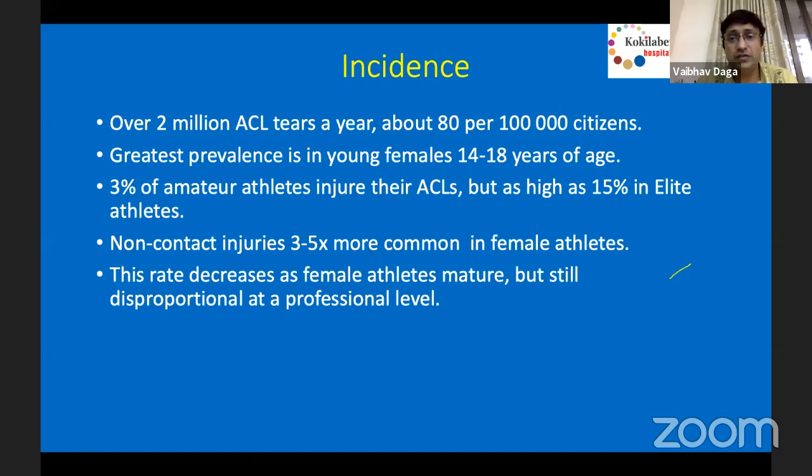There are a lot of theories about why female athletes get injured more than males, in particular ACL injuries. This rate decreases as female athletes mature, but is still disproportionate at a professional level, as I said.